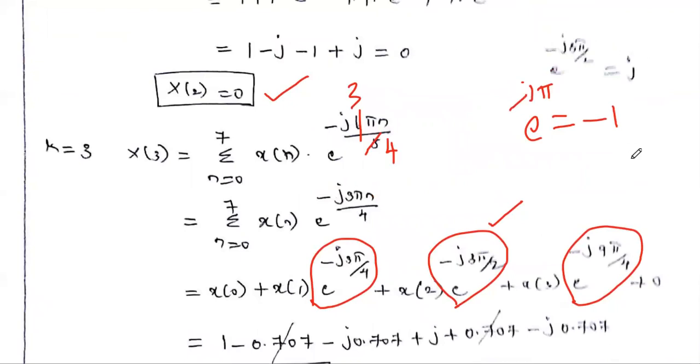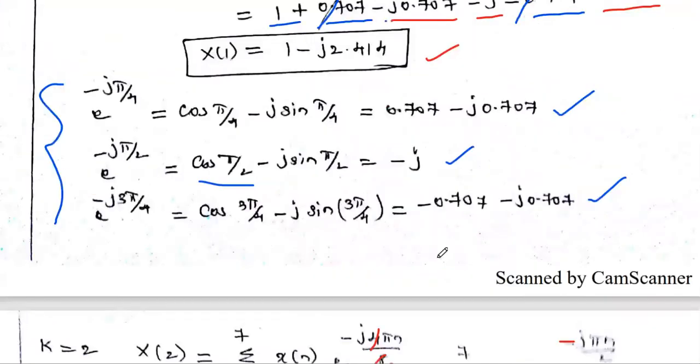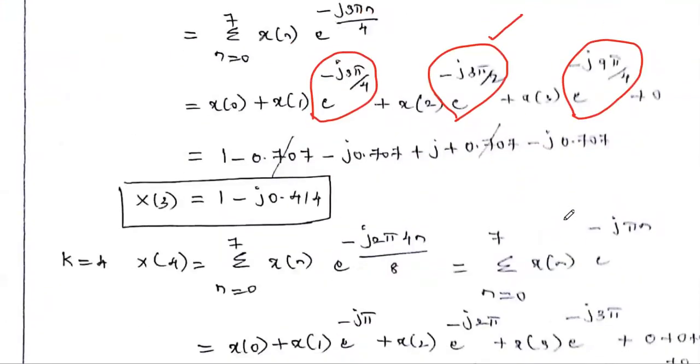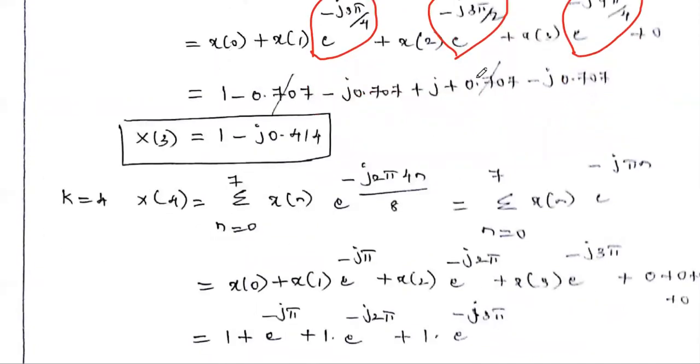It's plus j. So only you have to calculate e power minus j 3 pi by 4 and 9 pi by 4. You check here, e power minus j 3 pi by 4 is also already calculated: minus 0.707 minus j 0.707. So only you have to calculate e power minus j 9 pi by 4, and substitute the answers in the above thing.